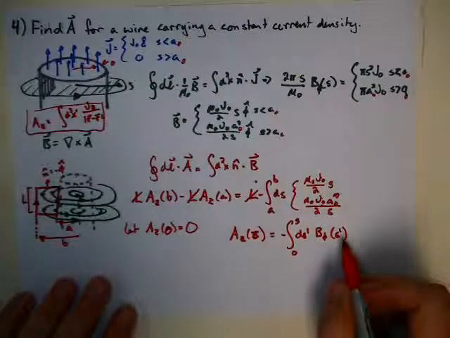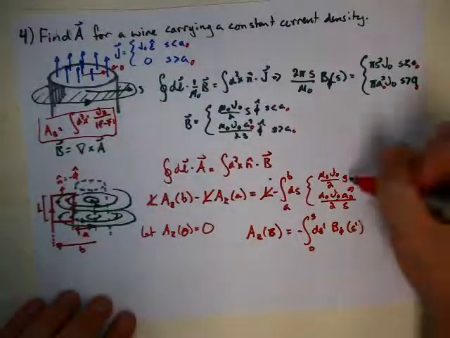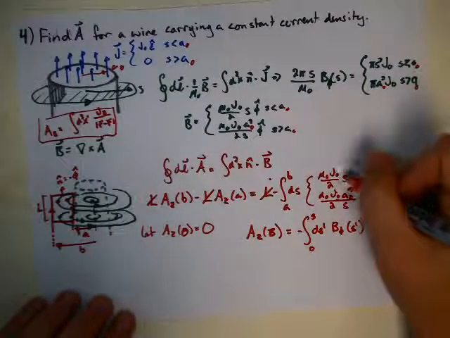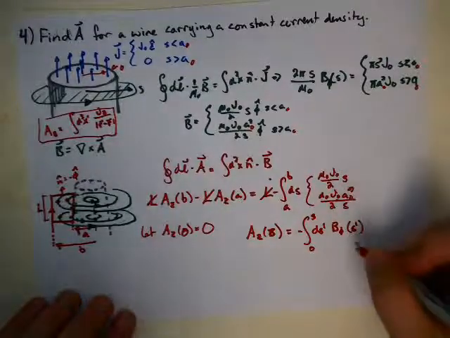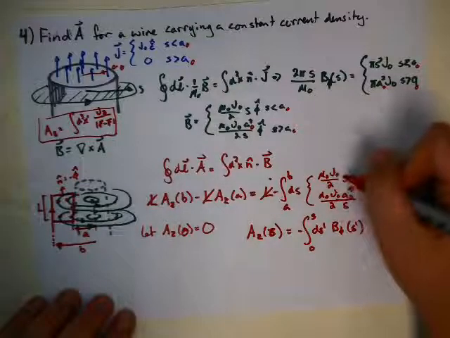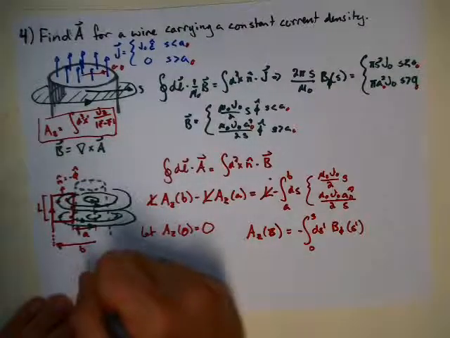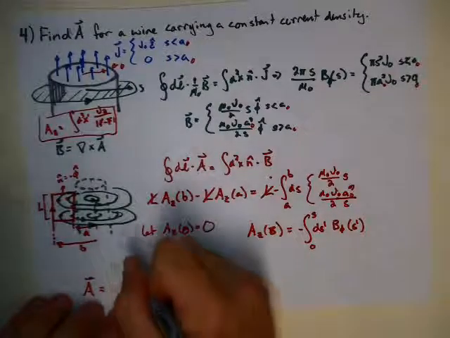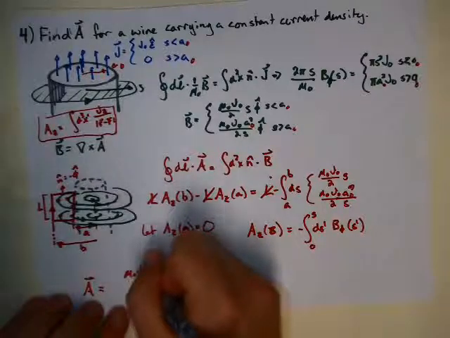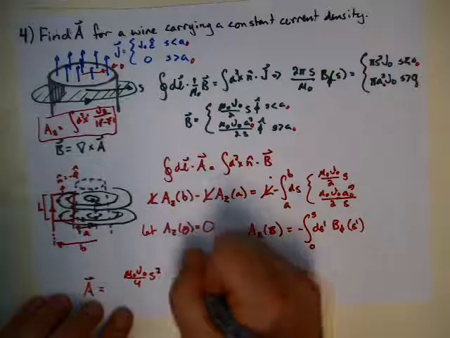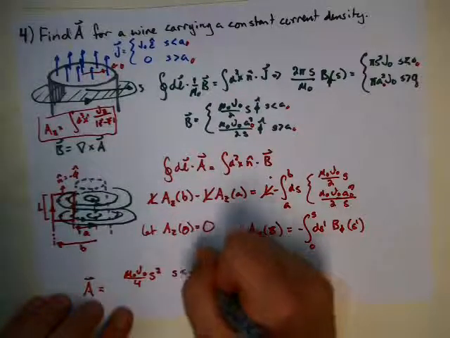And so this is the expression that we have to evaluate. For s less than a, we only evaluate this one, and so this A is going to be equal to mu naught j naught over 4 s squared, for s less than a.